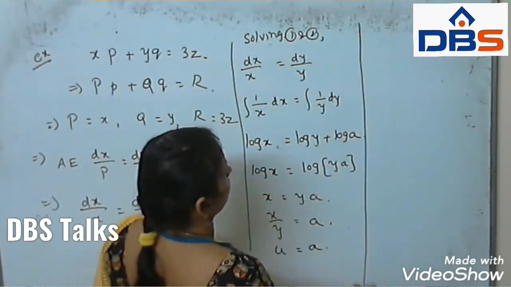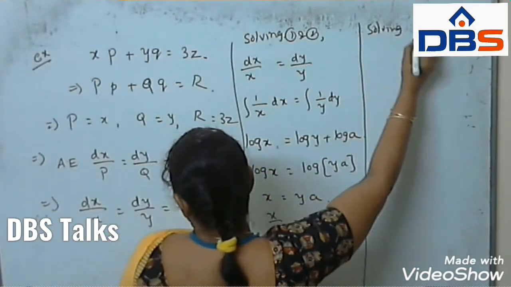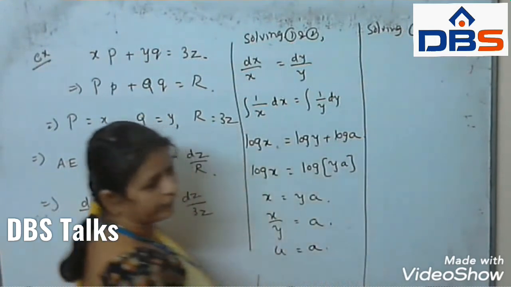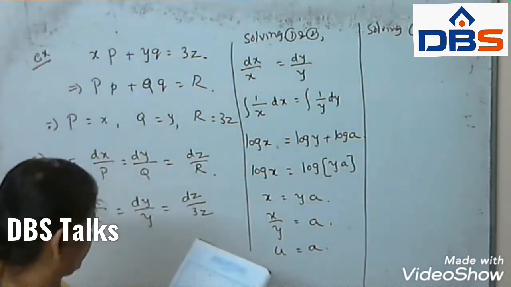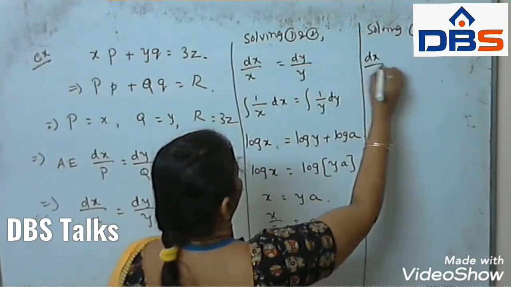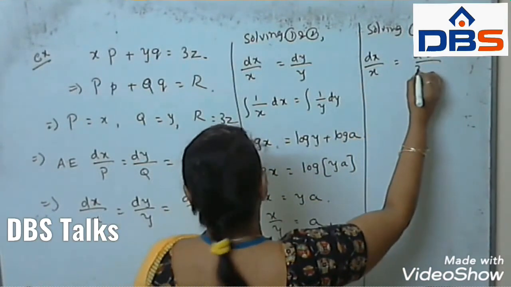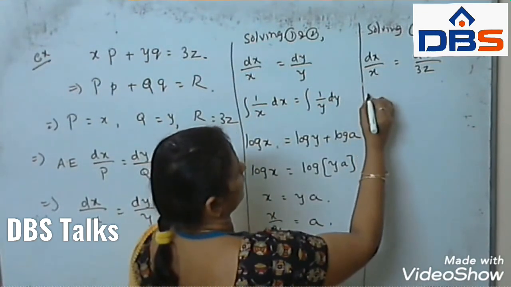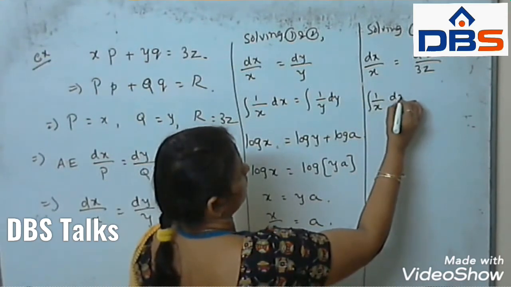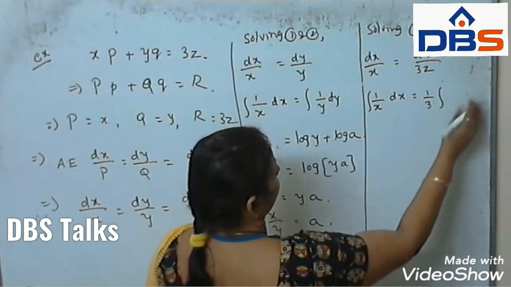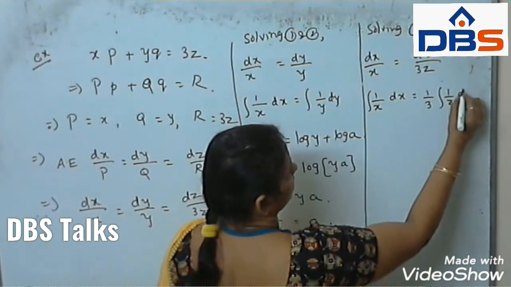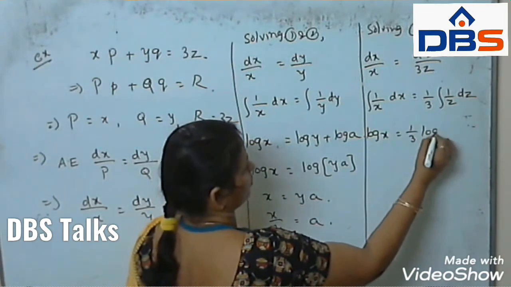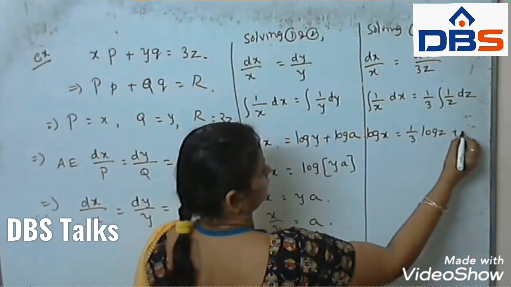Next, solving 1 and 3 or 2 and 3, anything. You can take anything. So dx by x equal to dz by 3z. Here also the variables are separated, so you can integrate them directly. So integral 1 by x dx equal to 1 by 3 integral 1 by z dz. So log x equal to 1 by 3 log z plus b.